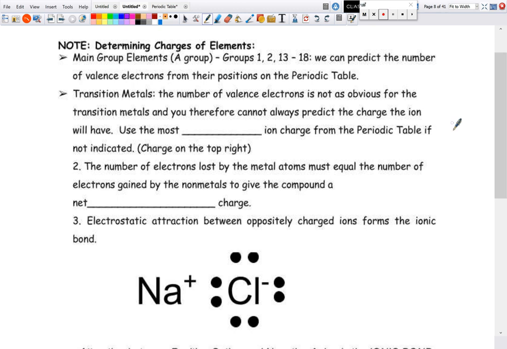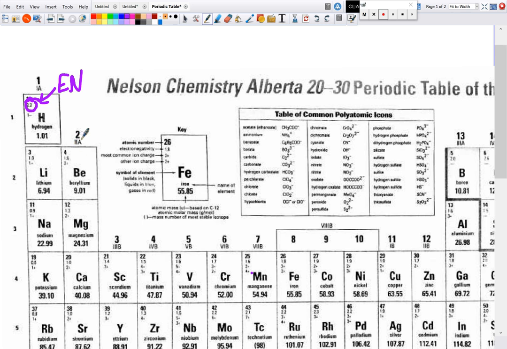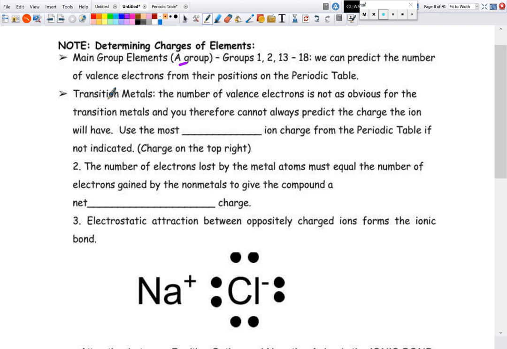When we're trying to determine the charges, we've already looked at how to do it with our group A's: we look at the numbers associated with them, so we only look at the A ones. So 2A, 3A, and so on. Now our transition metals, we don't do it with those. For transition metals, the number of valence electrons is not always obvious, so we cannot always predict the charge on the ion. But if we have to, we use the most common ion charge, and that is the charge on the top right.